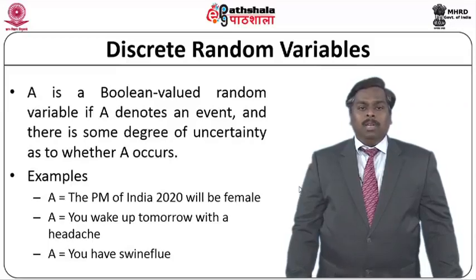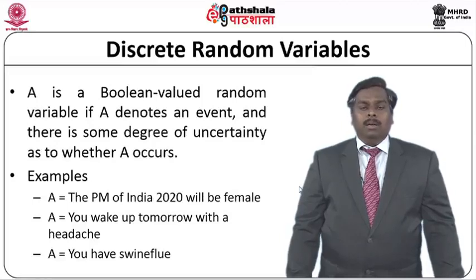For example, A can be treated as a random variable associated with who will be the PM of India in 2020, or A being associated with the scenario that the PM of India in 2020 will be a female, or A can tell whether, when you wake up tomorrow, there will be a headache or not, or A can indicate you having swine flu.